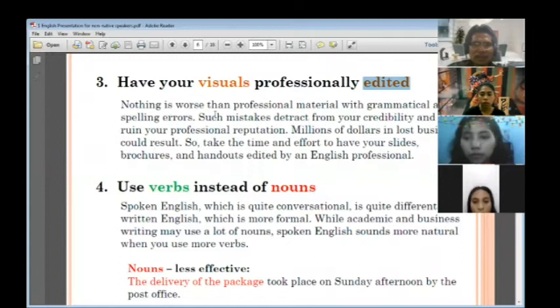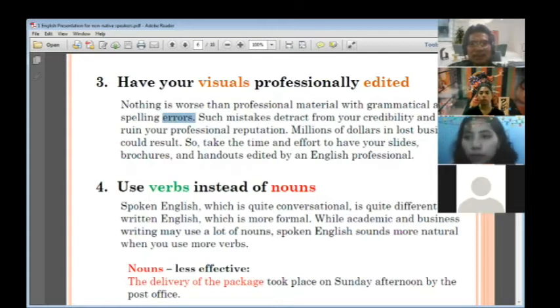It is said that nothing is worse than professional material with grammatical and spelling errors. Sometimes we have mistakes in our presentation, I mean our visuals, our slides. Unintentionally, we don't realize that our slides have many misspellings, for example.